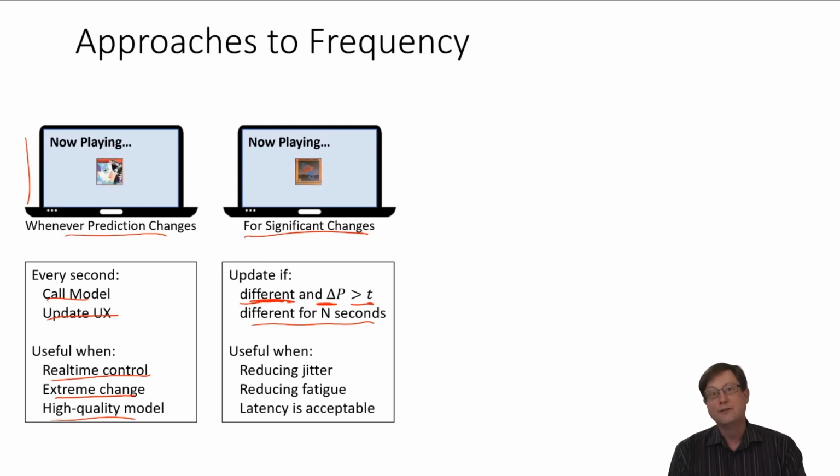This type of significant change can be useful to reduce the jitter, reduce the fatigue on users, because a small delta P, a small change in probability between what's currently there and what you'd like to do, probably would have less value than a large change. So you can do that. And not every application allows for latency, but when latency is acceptable, you pretty much want to make sure you're doing some kind of buffering like this so your system doesn't act crazy.